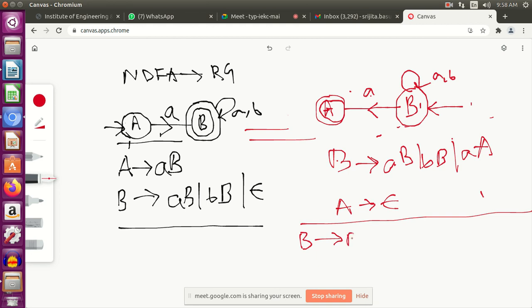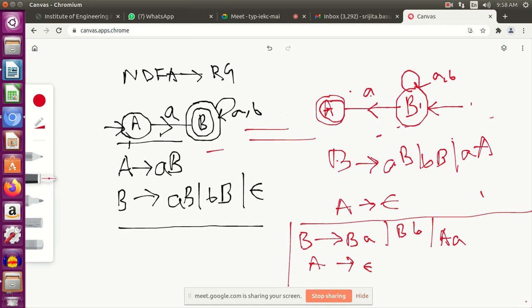B2, BA, BB, AA, A. Now if you check this NFA and this grammar, you will understand that whatever strings this DFA gives, you can get similar strings from this grammar as well.